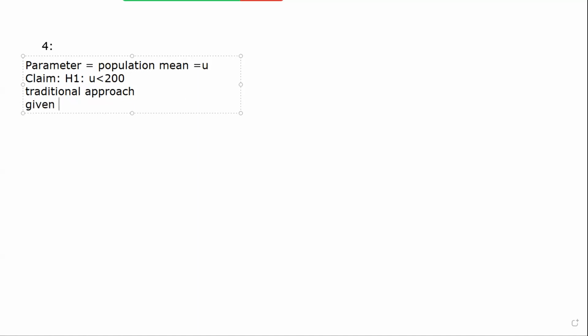And we have our givens, right? Our given quantities. For our given quantities, we have N is 10. DF is equal to N minus 1, which is equal to 9. And then we have X bar.